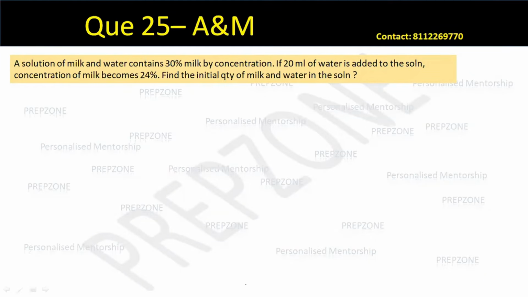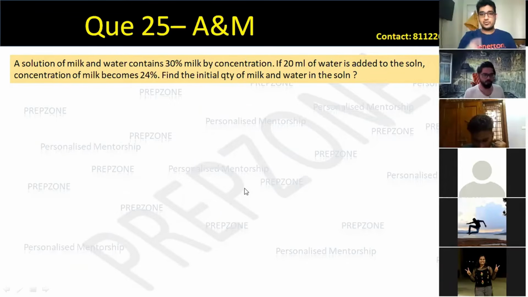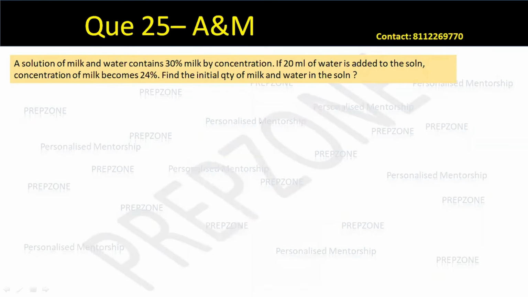Although you can solve it by the traditional method, I would be very happy to see someone solving this question using the distance method. He basically considered water as 100%. But I think there is an alternative way, which is probably slightly faster. It is given that a solution of milk and water contains 30% milk by concentration, which means the first solution has 30% milk concentration.